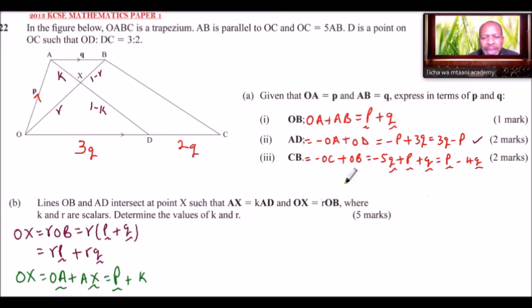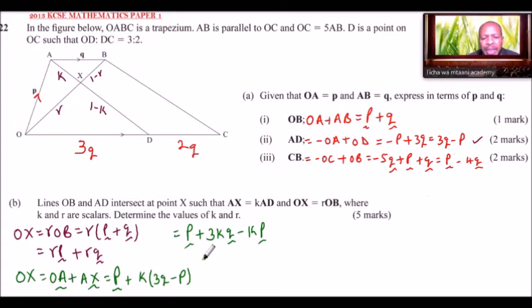So we say it is K, we replace AD with 3Q minus P, and we can come here and say this is equal to P, this is a vector, plus, you open the bracket, it will be 3KQ, and then we have minus KP.